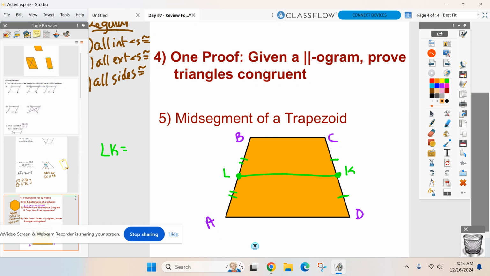The parallel sides of a trapezoid are the bases, but I don't subtract them. Add them. I take 1/2 the sum of the bases. That's how you find the length.